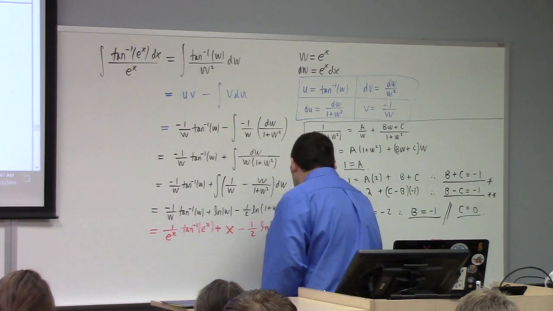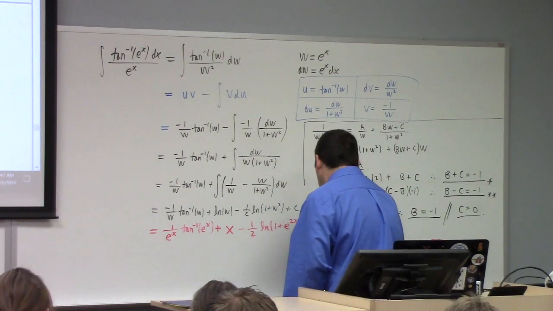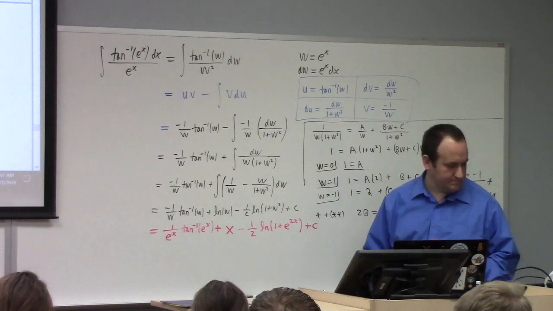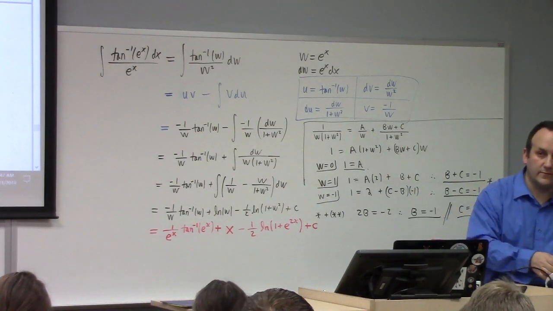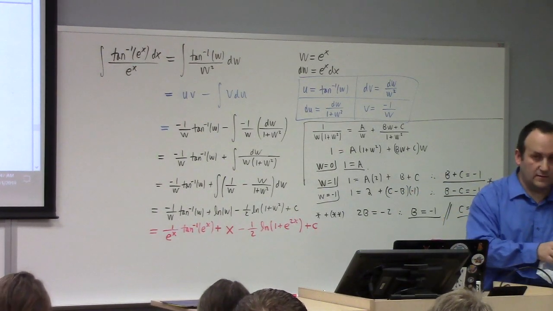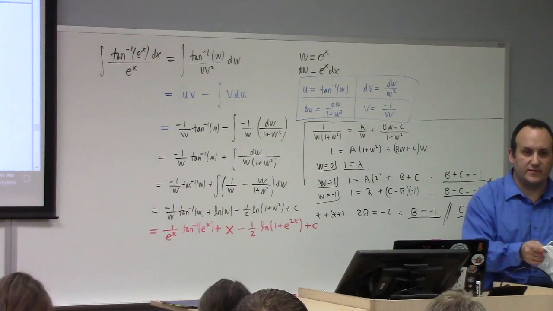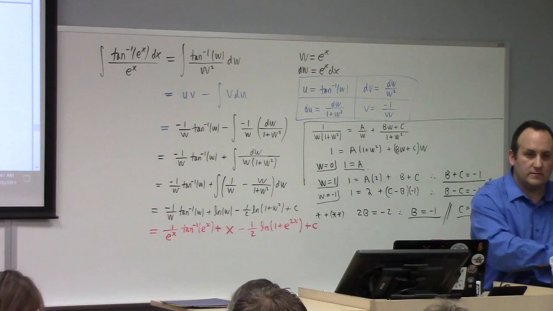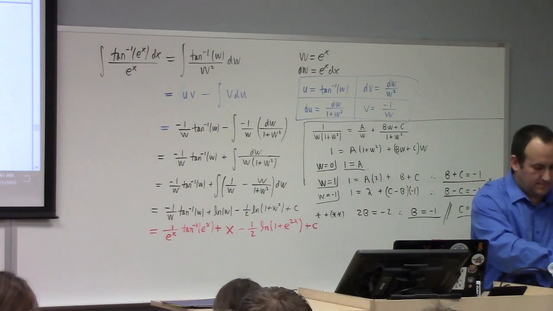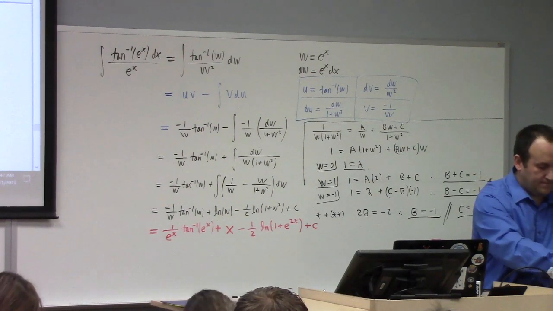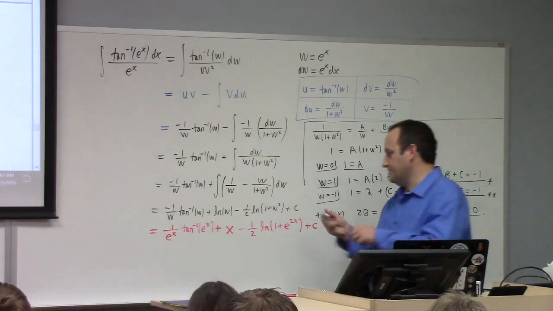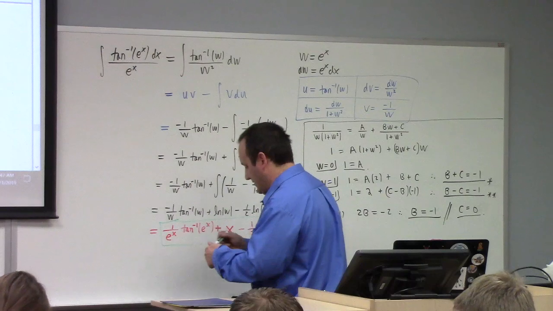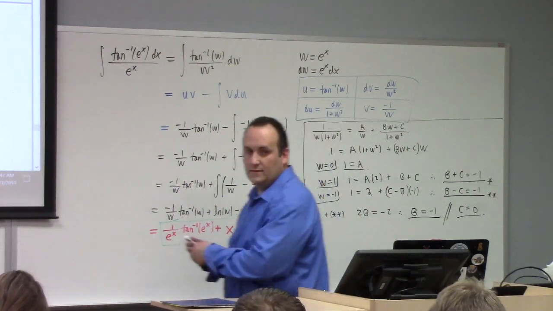So the question was, why was that there? Can somebody explain why I did that? Why is there a half there? What substitution? 1 plus w squared. So make a substitution with the denominator. Let me do it where it's not so crowded.